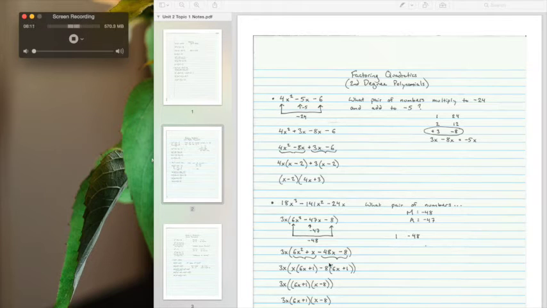Negative 48x divided by negative 8 is a positive 6x, and negative 8 divided by negative 8 is just a positive 1. So inside these big parentheses, I have a new factored version of the expression above, and I've created 2 terms out of the 4 terms.